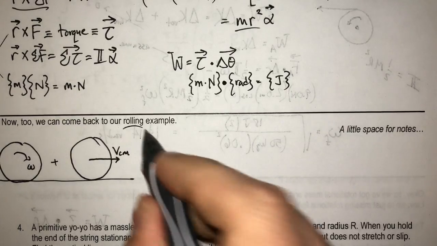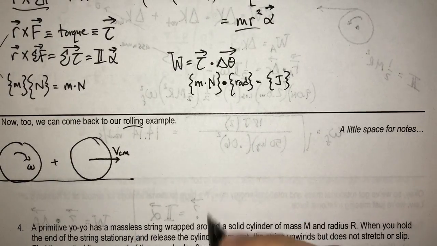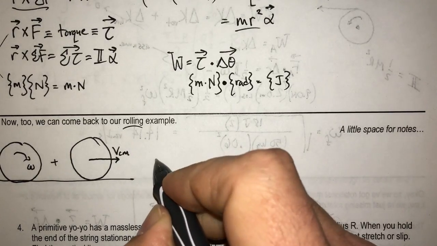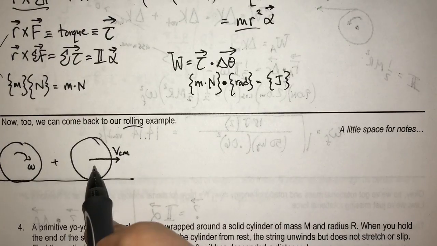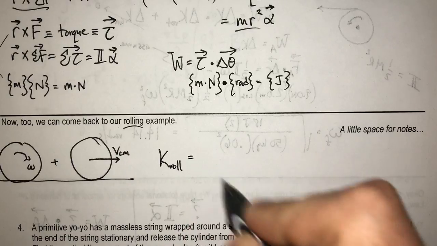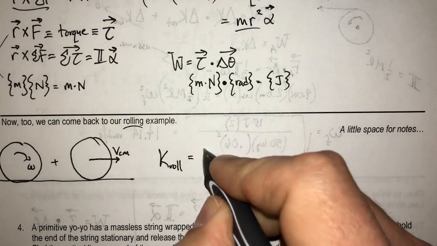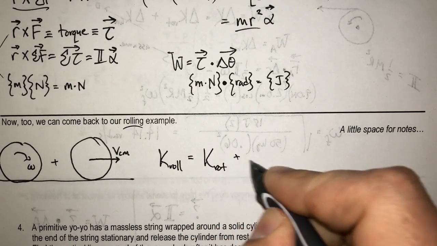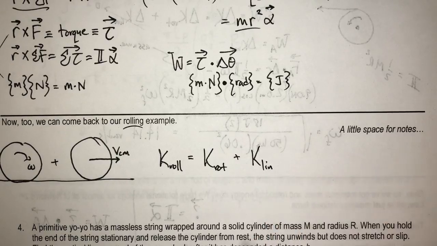So rolling, we could think of as the sum of rotation and translation. And in fact, the kinetic energy associated with rolling is just the kinetic energy associated with rotating and the kinetic energy associated with linear motion.